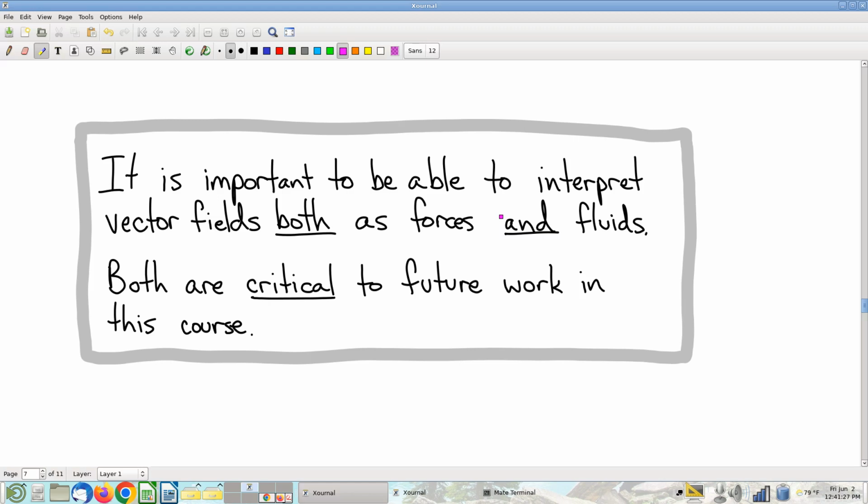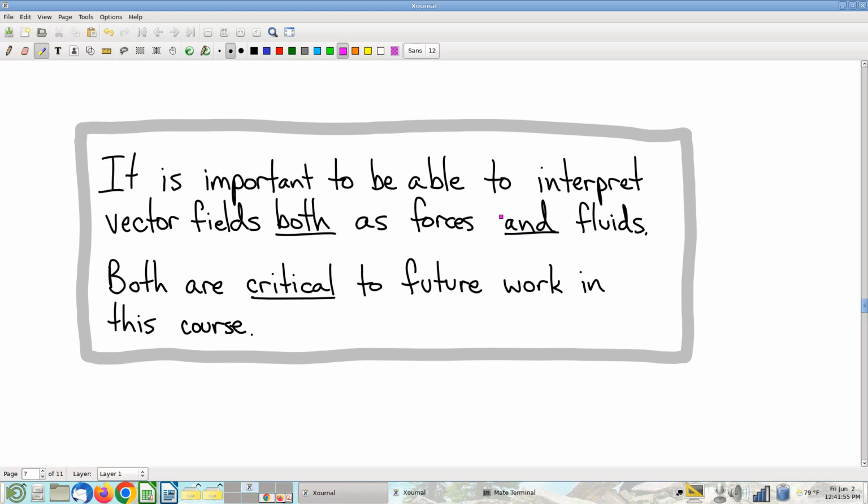A problem that comes up in this course is that very often students will decide that they like one of those examples better than the other, and will decide, that's the one I'm going to think about. The problem is that when we get to chapters 6 and 7, there are some applications that unavoidably require us to think about the vector fields in terms of forces.